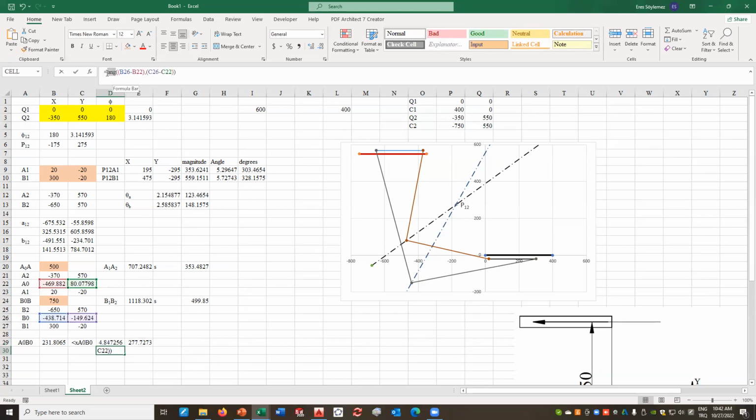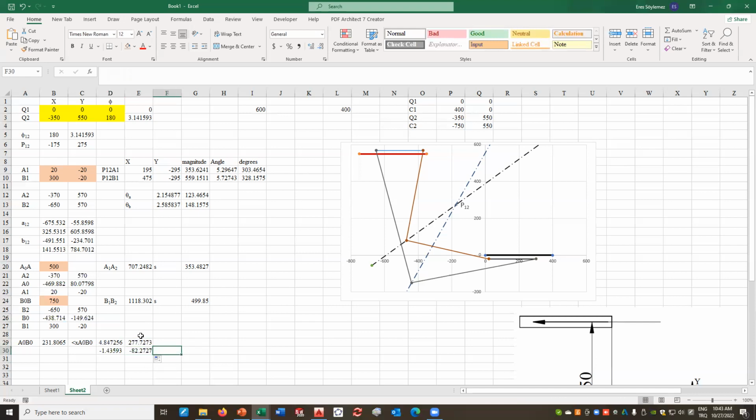Instead of ANG, if I type ATAN2, that is a built-in function for Excel. ANG is what I have written as a user-defined function. ATAN2 with the same arguments is going to give you this. This is going to be different. Why?